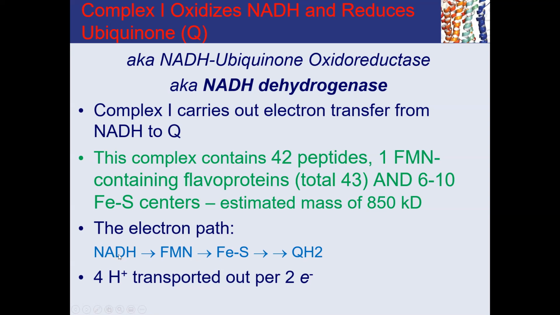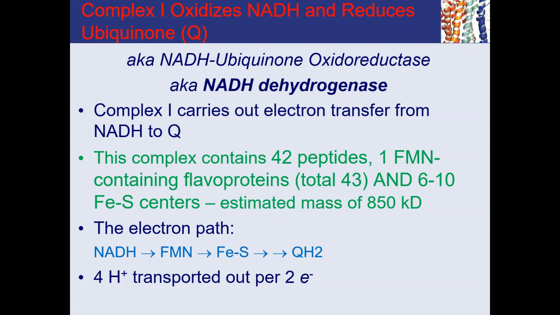And you know that NADH has one pair of electrons, right? Two. So whenever this complex transports two electrons from NADH to ubiquinone, it transports 4 protons outside of the inner mitochondrial membrane into the space, which will be the intermembrane space of the mitochondrial membrane.